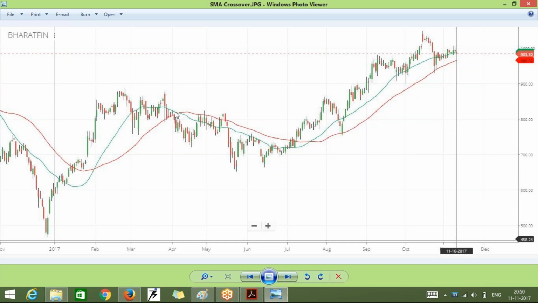SMA started signaling at this point of time, when the smaller period is less than the greater period. At this point a sell signal is given. But if you have traded from here and you exit at this point of time, then there is no use of trading this, because you have almost gained to this level and again you are losing.